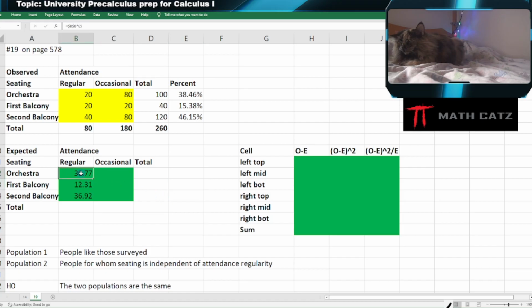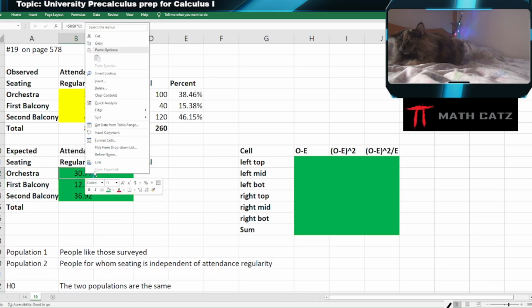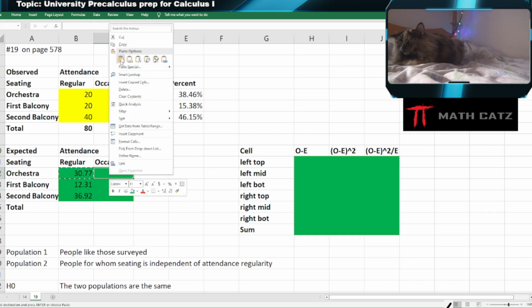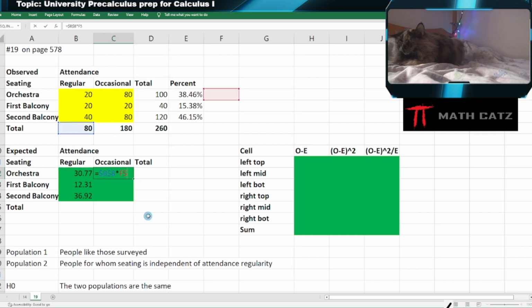So now I can copy this over. Let's do a copy paste this time for no reason whatsoever. And I can look at that like, it's sort of doing somewhat of the right stuff, but the cells are a little off. For the occasional people, of which there were 180, I want to use that total. So I'm going to, why can I not drag this? There we go, drag it. And make sure it's fixed because that's going to be the column total there.